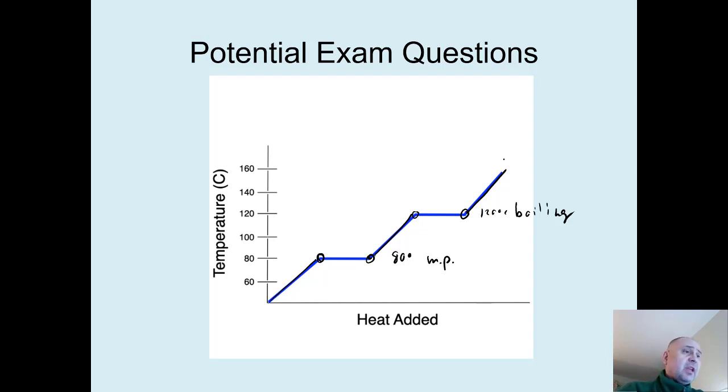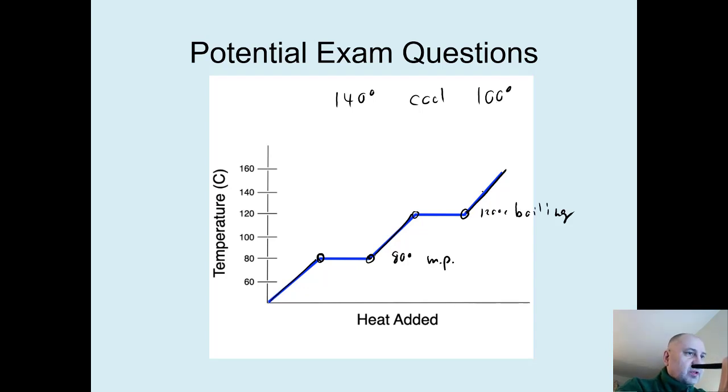But I could ask you to calculate the heat required for cooling. Okay, so that would be negative. Let's say this is, I honestly have no idea what this is, some sort of oil. I'll just call this oil. Let's say you have an oil at 140 degrees Celsius, and you're going to just cool it down to 100 degrees.